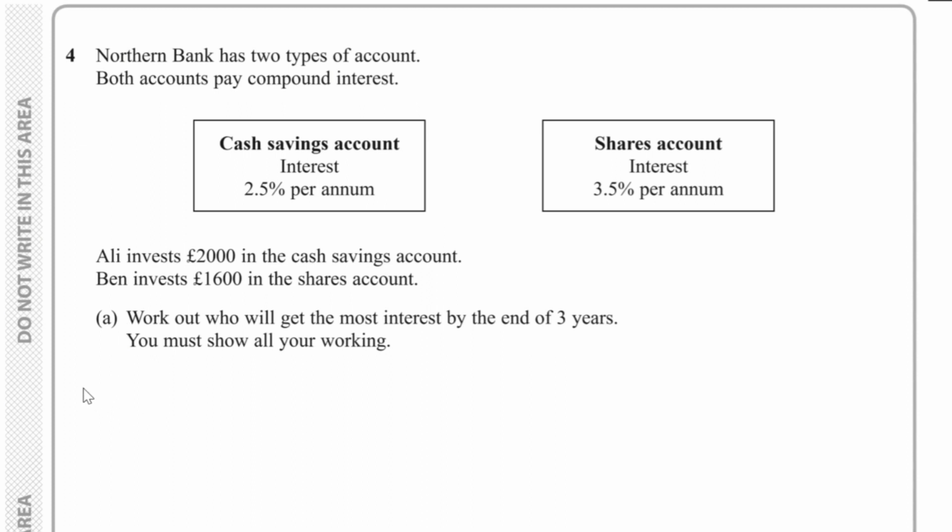Well, if I take a look at the cash savings account, the amount we'd get at the end of 3 years, we've got 2,000 invested, and then I multiply this by the multiplier, which is 1.025, and I raise this to the power of 3.